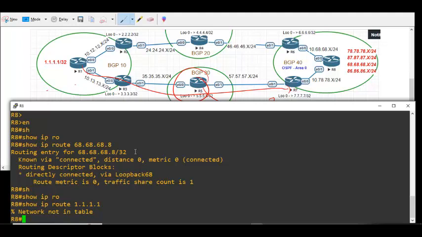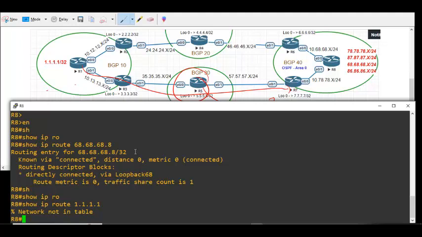No, sir, try something. Are we running BGP in router 8? No.